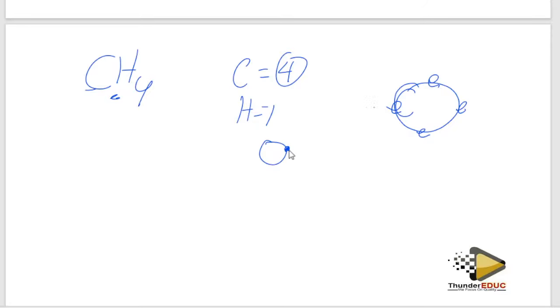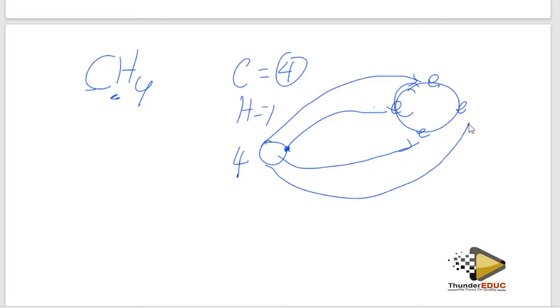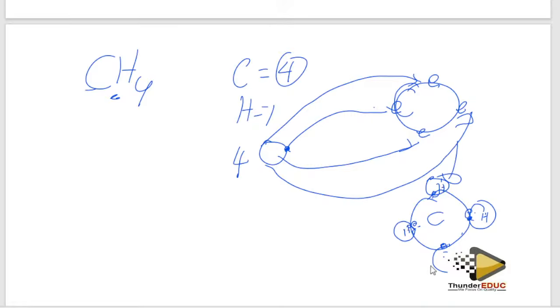So at the end of the day, I'm going to have 1 carbon and 1 hydrogen at each position. The first electron of carbon is shared with 1 hydrogen, another with another hydrogen, and so on. That's why I have 1 carbon and 4 hydrogens.